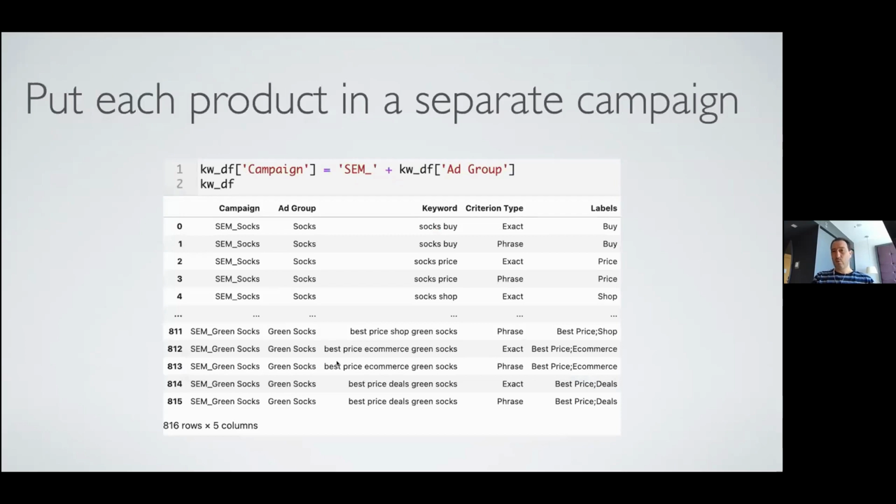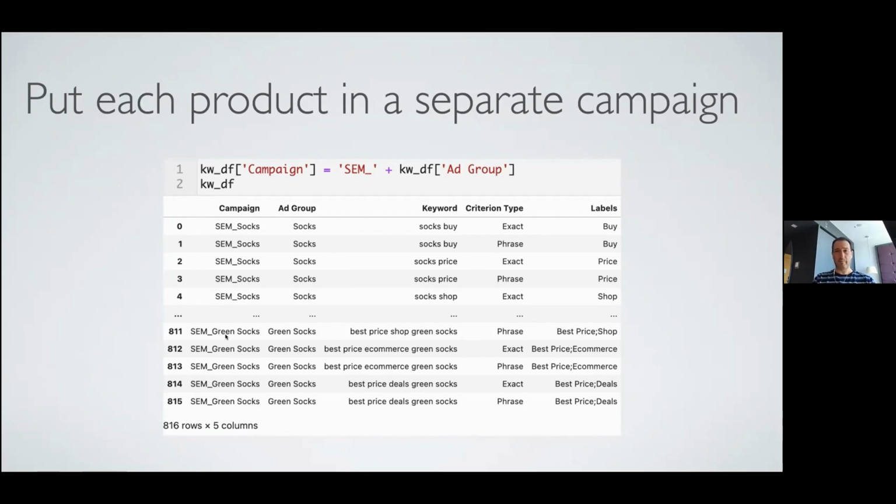Now, maybe you don't want everything to be in one campaign. Let's say you want every product to take its own campaign. So that's very easy. That's trivial, actually. It's a one-liner. You just concatenate something like SEM underscore and concatenate it with the ad group name. So SEM socks, and we have SEM green socks. So each product would be in its own campaign if this is what you want.